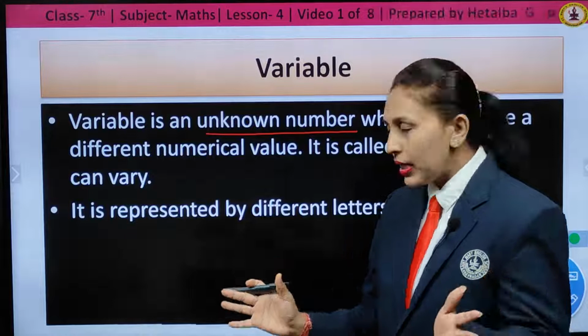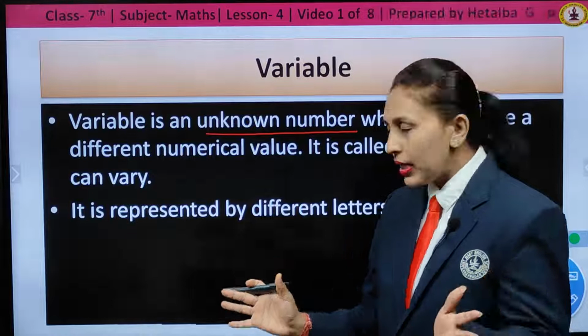So two expressions with an equal to sign form an equation here. Both these sides are connected with each other with the equal to sign. This side, children, is LHS and this side we call RHS, left hand side and right hand side.